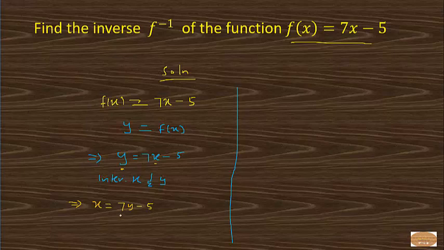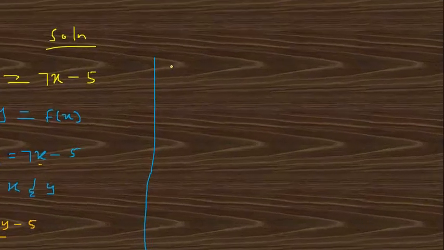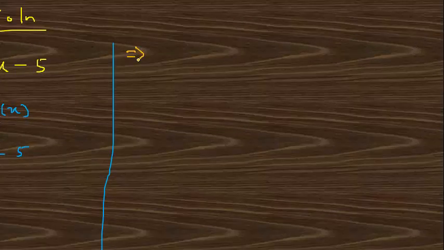So we let this one stand there. We have 7y. So the term with y will stand here, and then we send this one to the other side. So we have 7y equals x plus 5. So we have moved this one to the other side.